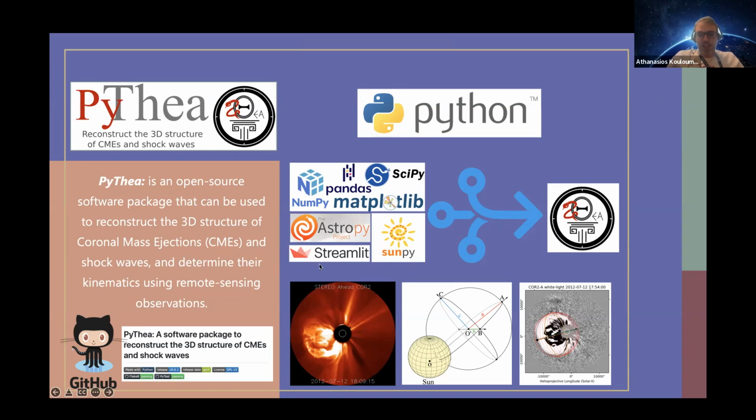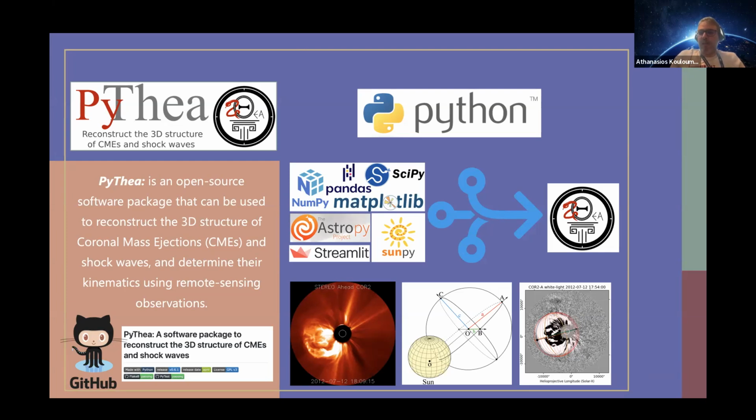Streamlit is a package that allows me to develop PyThea and all the modules and utilities that I have in there, and put them in a graphic user interface that can be used, as I will show later, to make the reconstructions.